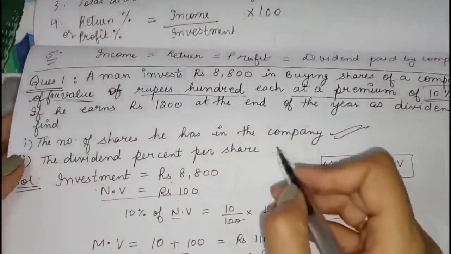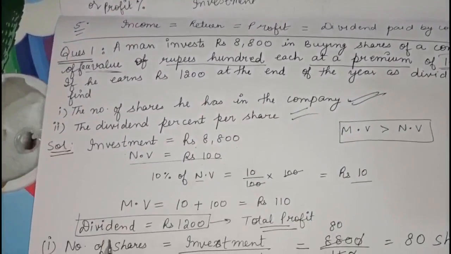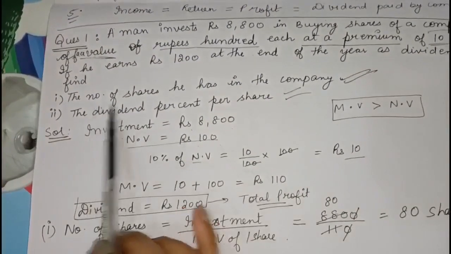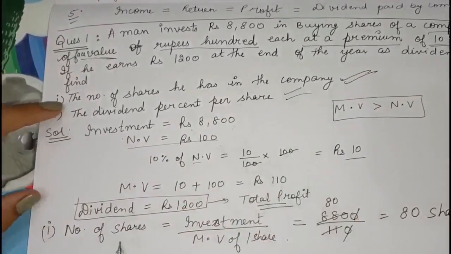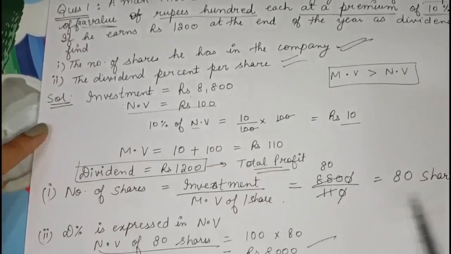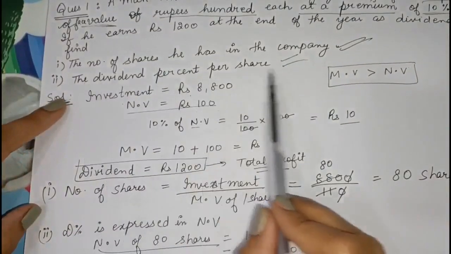You can see in this question, these were the given things: investment, NB, MB, and dividend. Dividend means total profit. We had to find the number of shares, which we found by using the direct formula, investment by MB, and we got number of shares 80. Then we had to find the dividend percent per share.